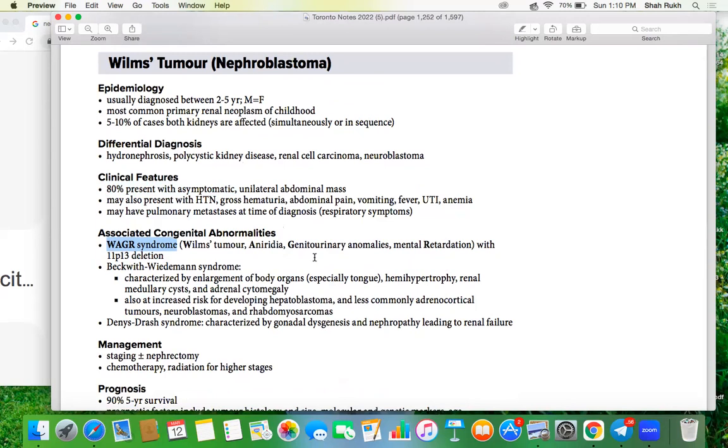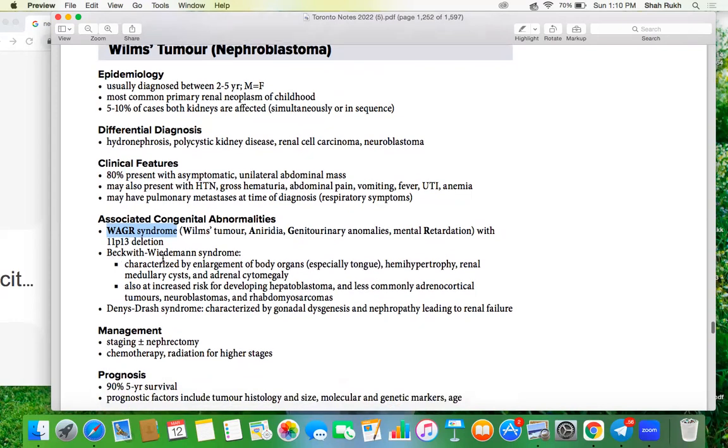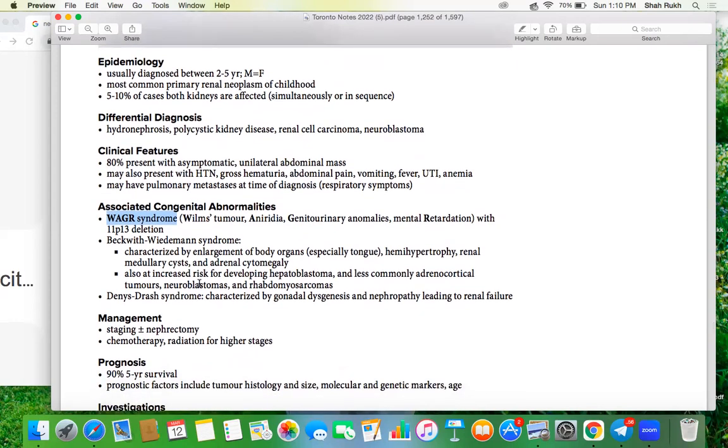So Wilms tumor, aniridia, genitourinary anomalies, and mental retardation. Then Beckwith-Wiedemann syndrome: if you can read it, it's good. If not, at least know a little bit of features like enlargement of the organs. How I remember is it's wide, so everything is enlarged. Hemihypertrophy, organs are enlarged, macroglossia, and adrenal cytomegaly.